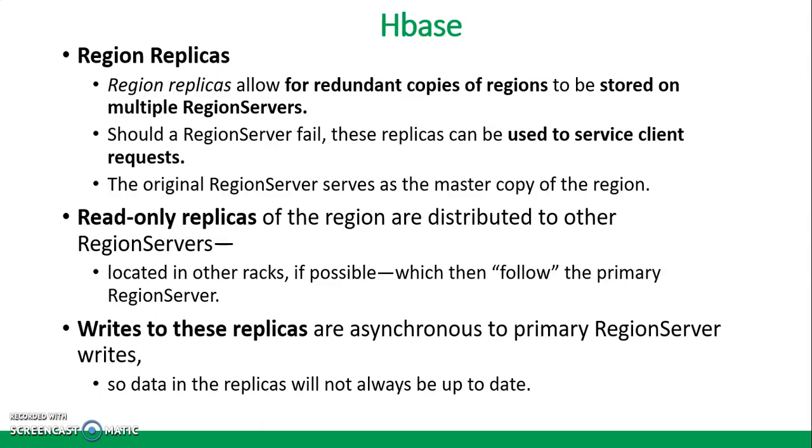Read-only replicas of the region are distributed to other region servers located in other racks if possible, which then follow the primary region server. Writes to these replicas are asynchronous to primary region server writes, so data in the replicas will not always be up to date.